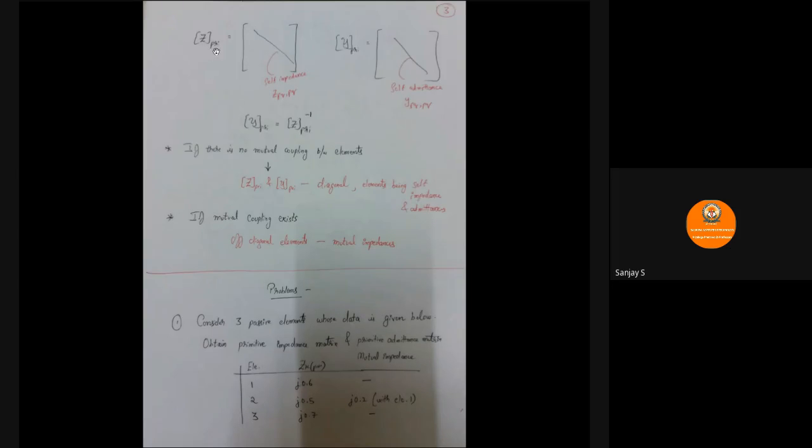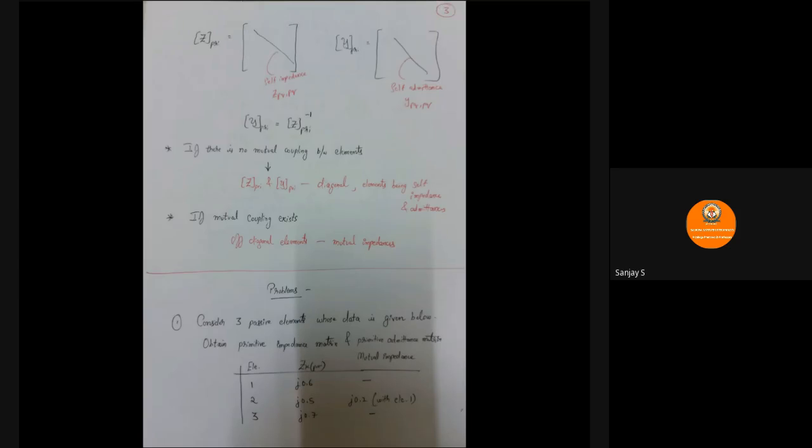So ZPRI is basically a matrix having diagonal elements as well as off diagonal elements. Diagonal elements will generally be the self-impedance of the element. Off diagonal entries will be mutual impedances of the element.